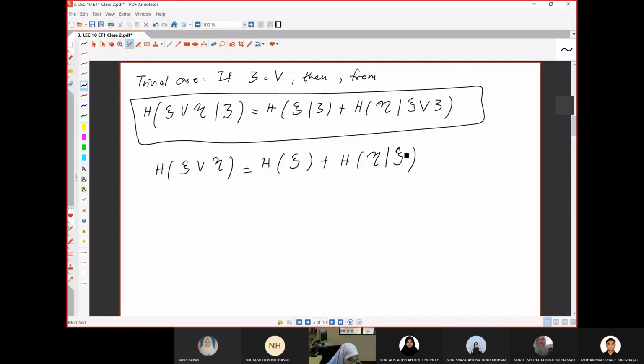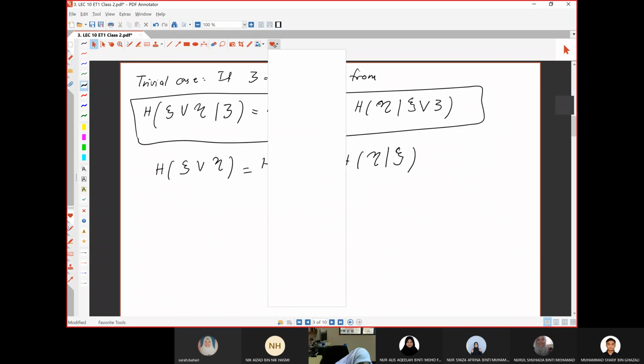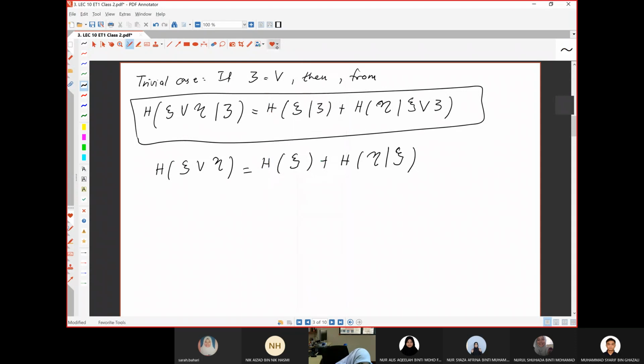Boleh nampak? So for this case, kalau zeta is trivial, trivial set meaning that V is equal to X, or the whole set. So if this is trivial, that means we can cancel zeta. We can cancel this one, we can cancel this one. So there will be no zeta in the formula. We obtain this.